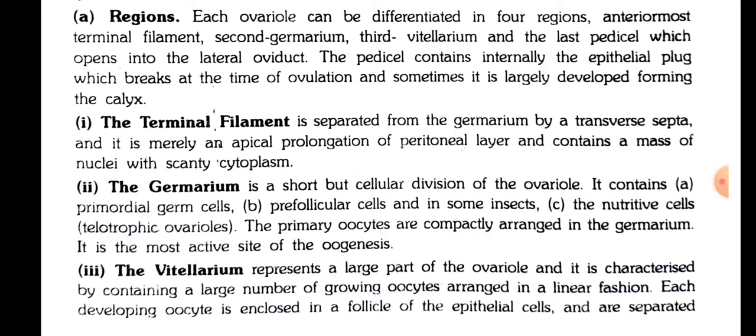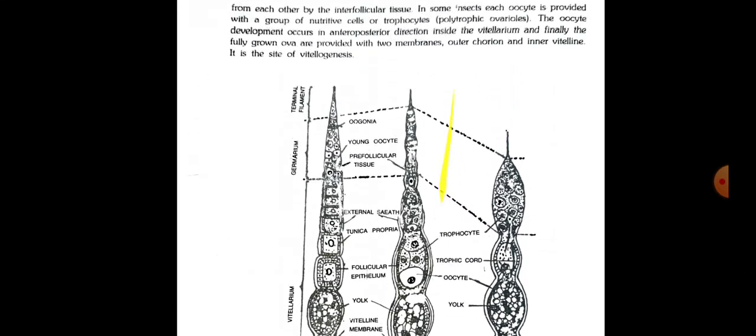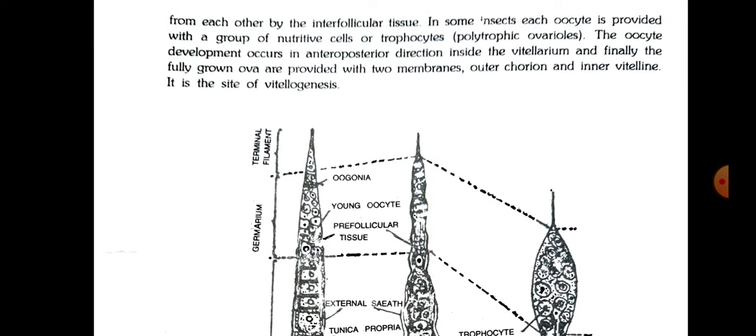The vitellarium. It represents a large part of the ovariole, and it is characterized by containing a large number of growing oocytes arranged in a linear fashion. Each developing oocyte is enclosed in a follicle of epithelial cells and they are separated from each other by the interfollicular tissue.